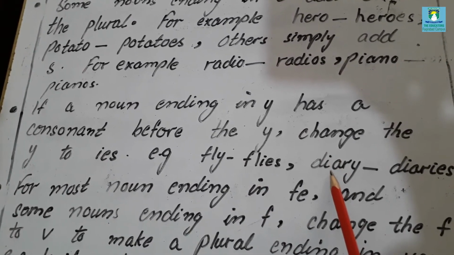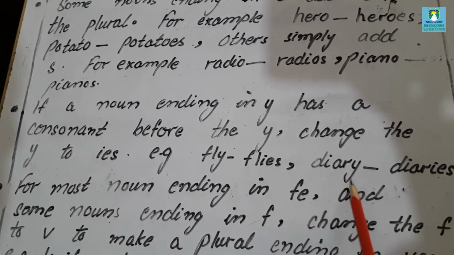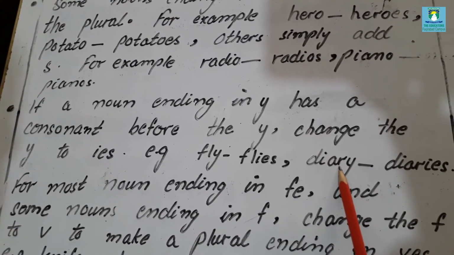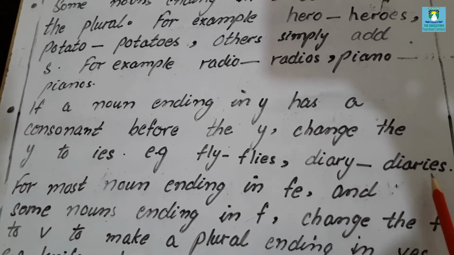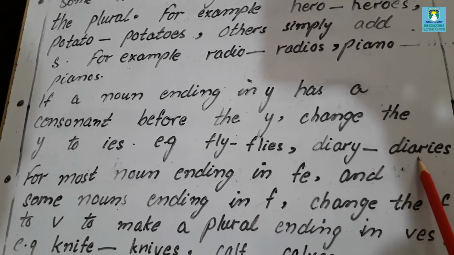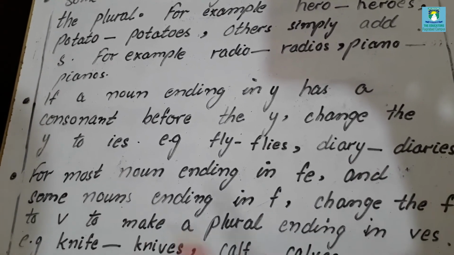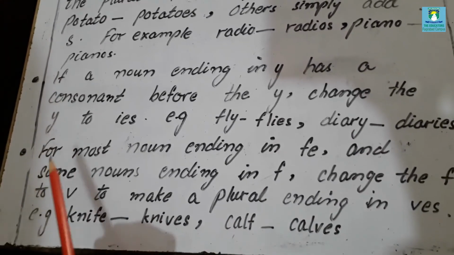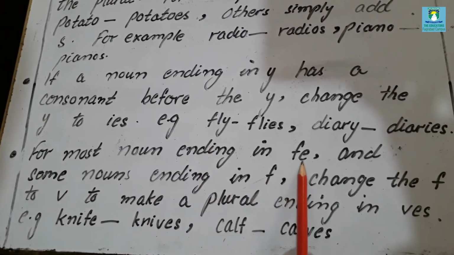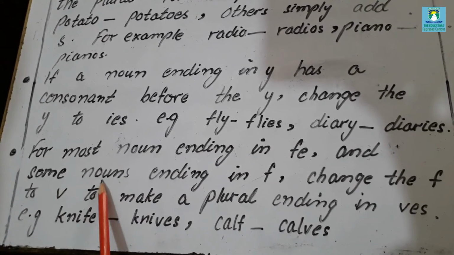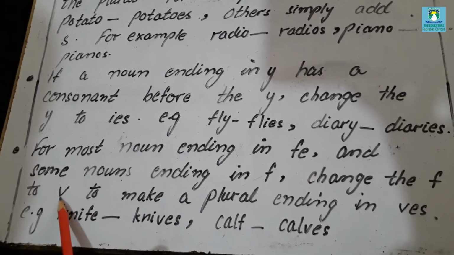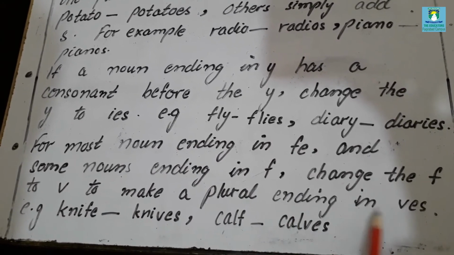The second word is diary. Now it is ending with y and before y there is a consonant. So I will change the y into ies for making it plural. Diary, diaries. Understand? The fifth rule and the last one is, for most nouns ending in fe and some nouns ending in f, change the f to v to make a plural ending in ves.